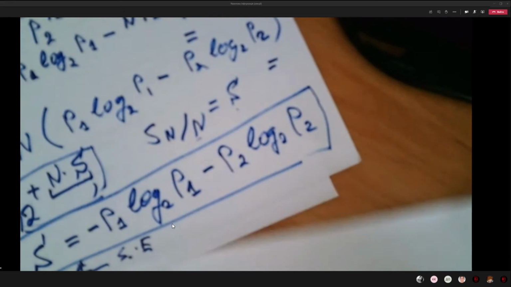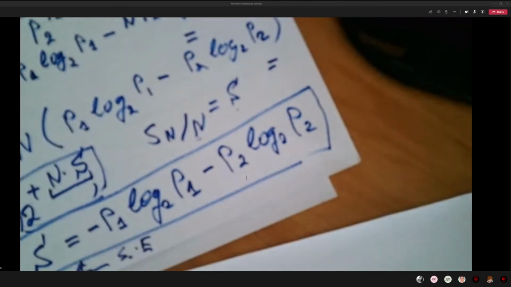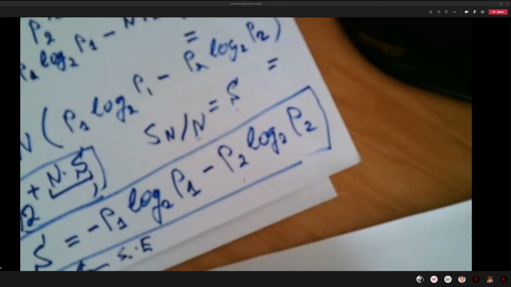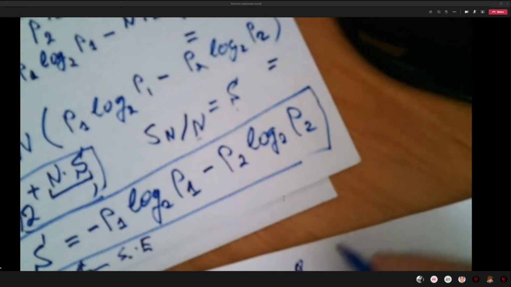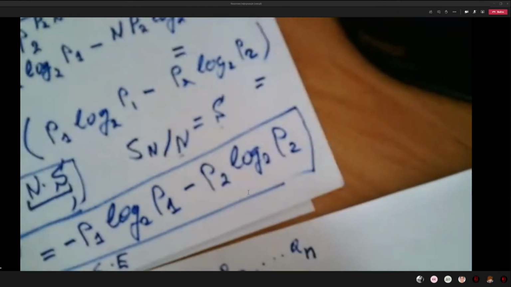So, and finally, at the end of this lecture, let us consider a more general case of a message, and let us have a message which contains symbols A1, A2, and so on, An, with probabilities P1, P2, and so on.